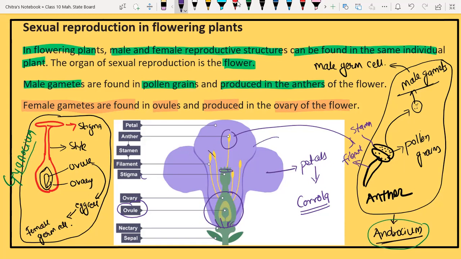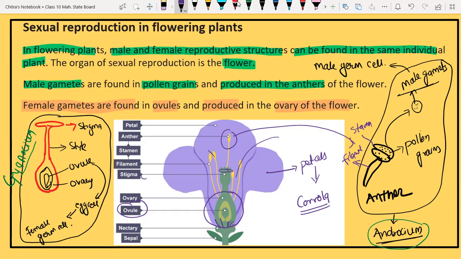When they sit on the flower and fly away, pollen grains stick on their legs and spread over the stigma. This process of transfer of pollen grain from anther to stigma is called pollination.